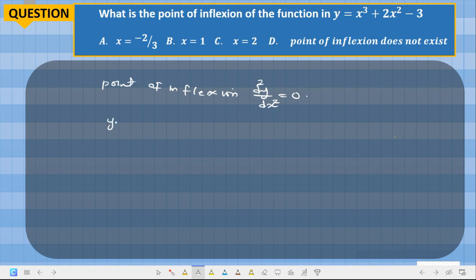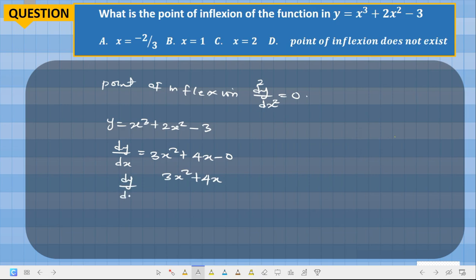So our y is equal to s cubed plus 2s squared minus 3. Now what will be our dy ds? Dy ds will be 3s squared plus 4s minus 0, which is 3s squared plus 4s. Okay, that's our dy ds.